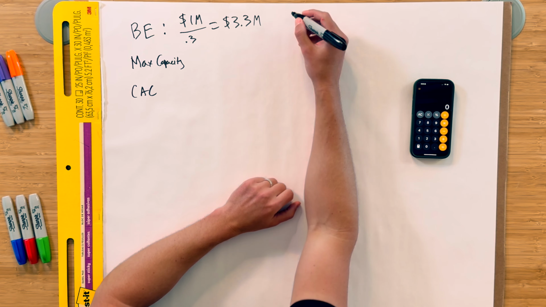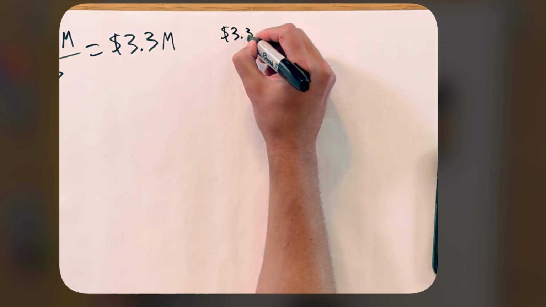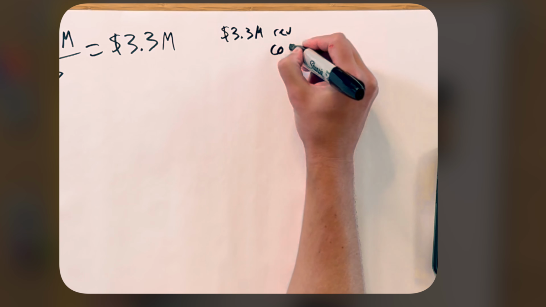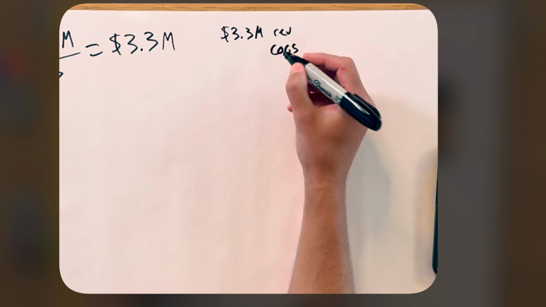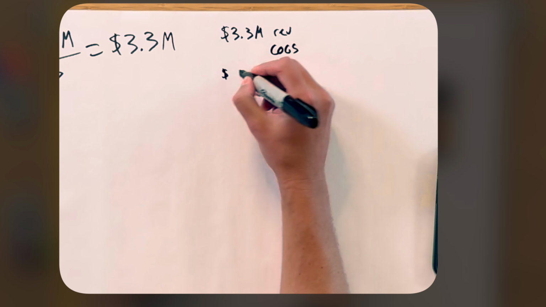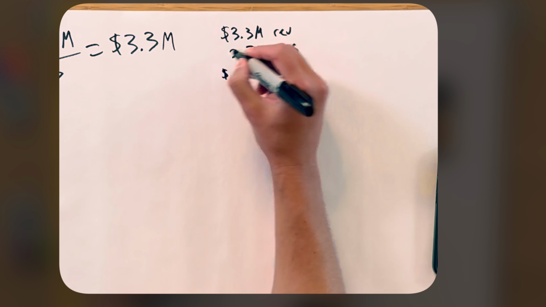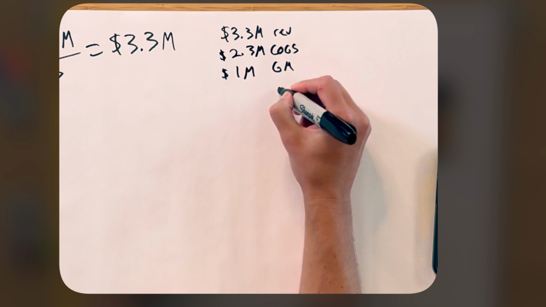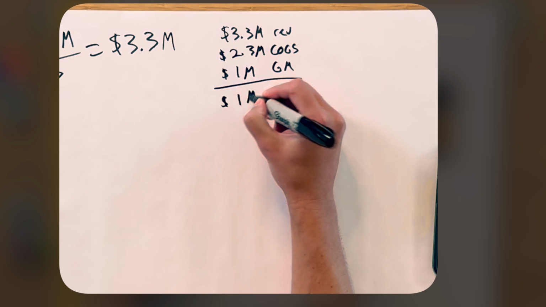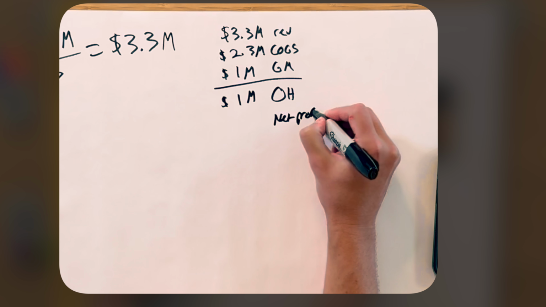That's the way your little mini P&L would work. You've got 3.3 million in revenue, and then you've got your COGS, and then you've got your gross margin. This was 1 million, so that means this was 2.3. And then you have your overhead, and that was 1 million, and then you have your net profit.